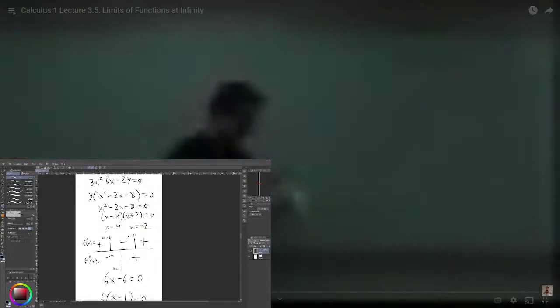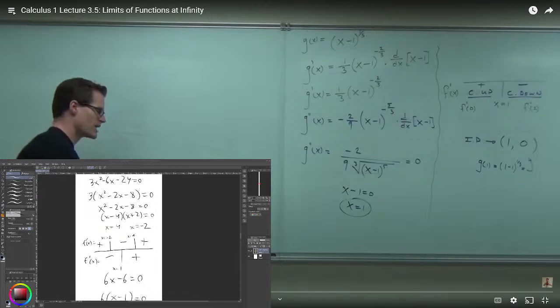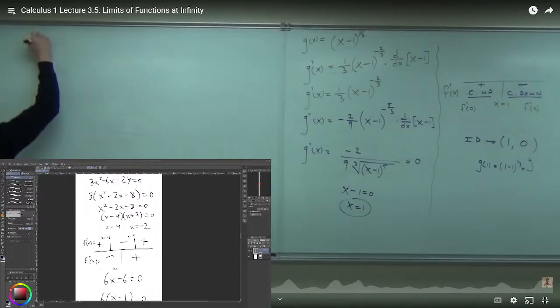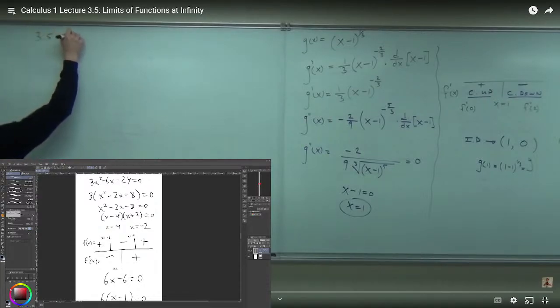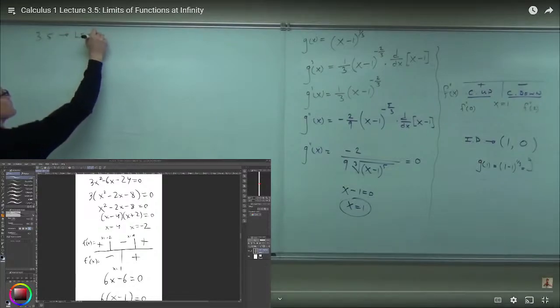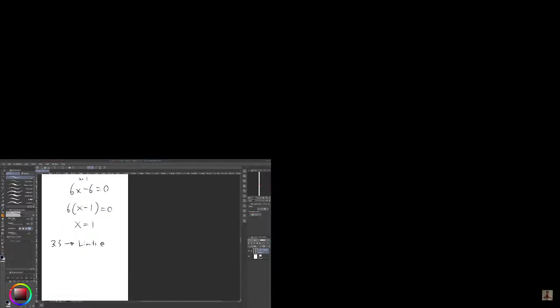So in 3.5, we're going to talk about limits at infinity. I'll start off with a little bit of a recall.